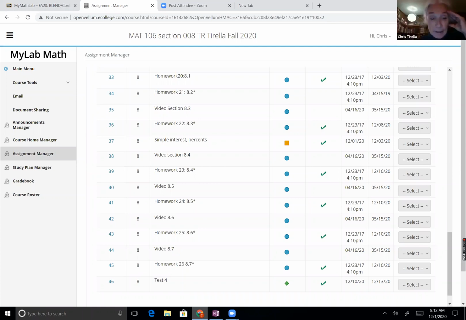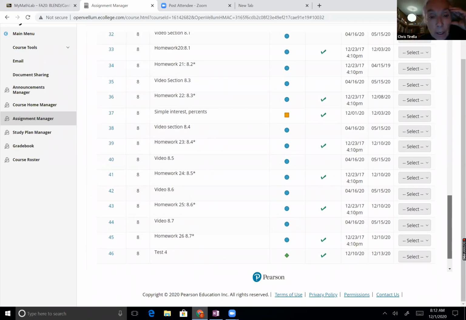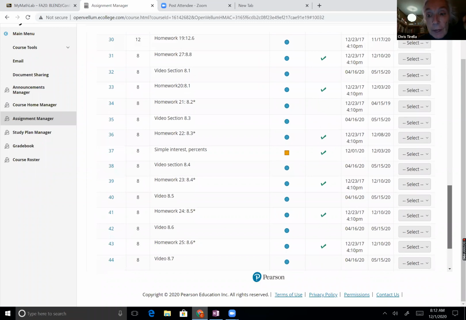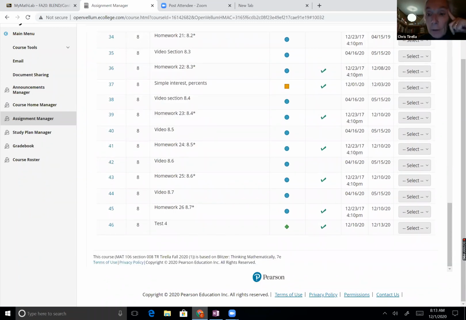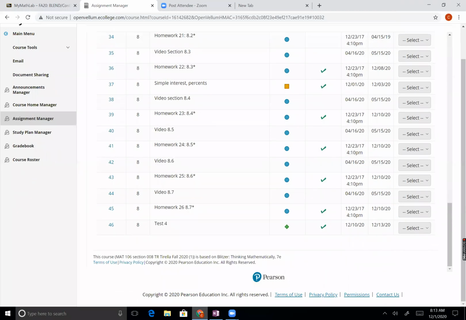Oh, credit cards. Yes, we're not covering the credit cards. Don't worry about that section. I don't know how that would have shown up in your homework. I apologize. That's the average daily balance for a credit card, which is really interesting and pertains a lot to your life, but we don't have time for it.